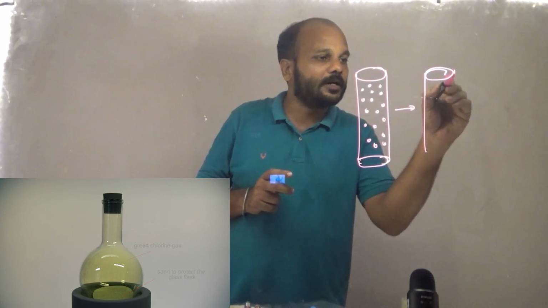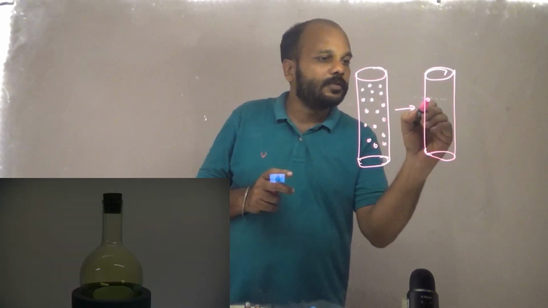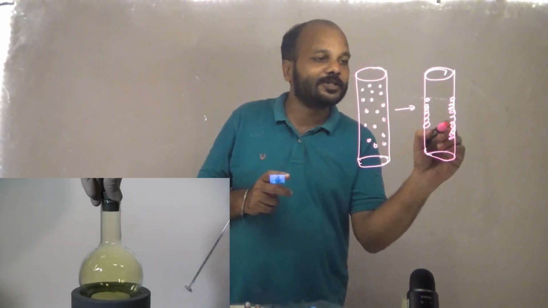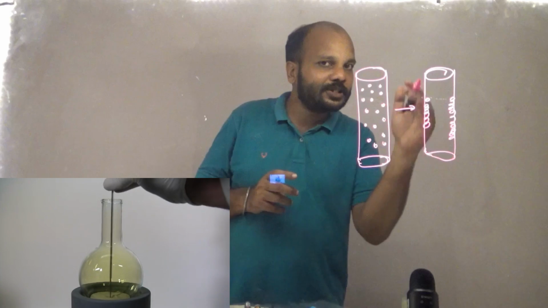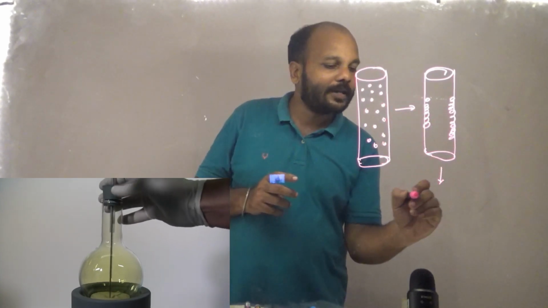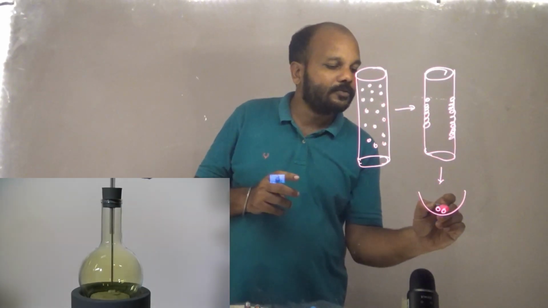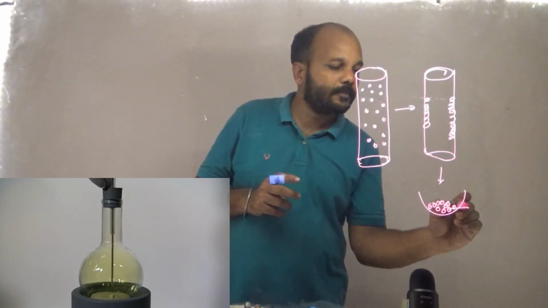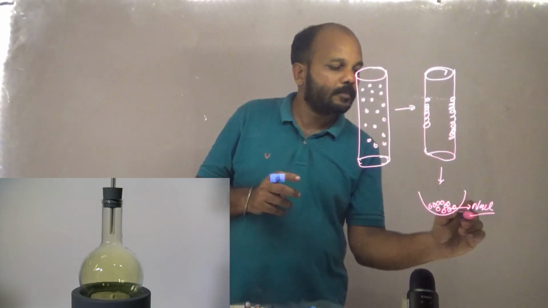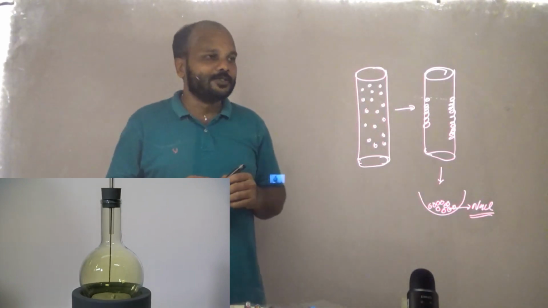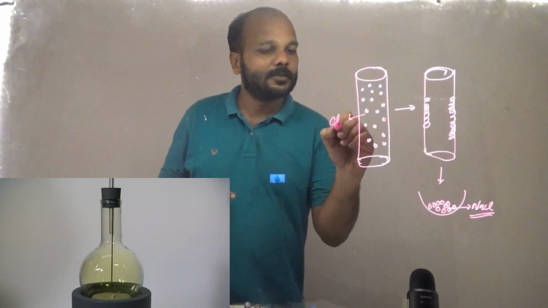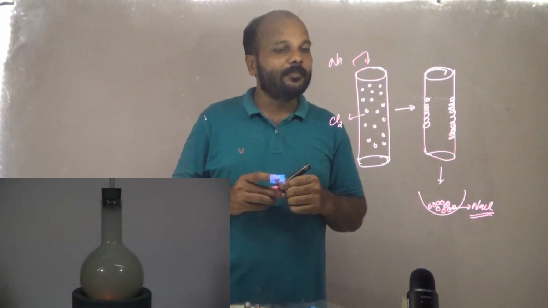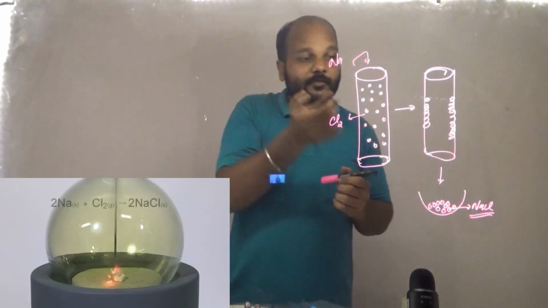If you look at the surface, you will see some powdery substance sticking on the surface, and if you scratch it using some spatula, you can take it out, and it contains sodium chloride. So this is chlorine gas, and you put sodium metal, and sodium reacts with the chlorine and forms sodium chloride.